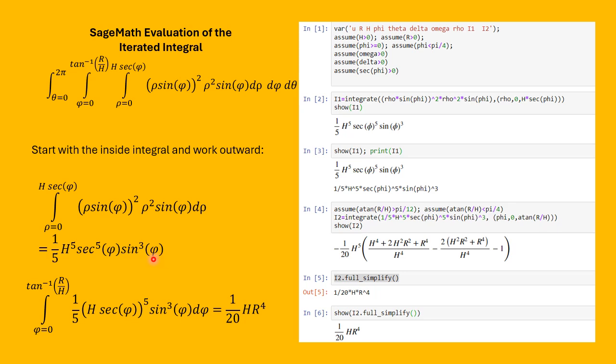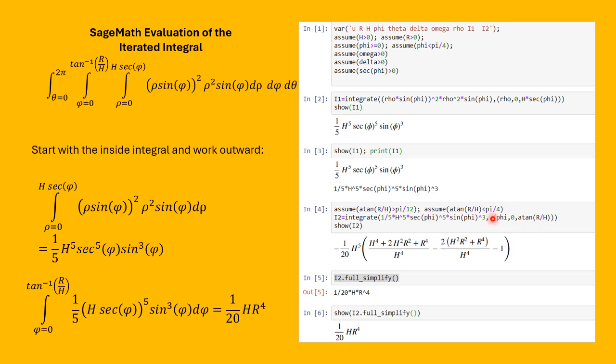Then we need to evaluate the integral where phi goes from 0 to the inverse tangent of r over h of this integral, which is in step 4 here. I2 is basically the integral of 1/5 h to the 5th times secant of phi raised to the 5th power times sine of phi raised to the 3rd power, integrated with respect to phi from 0 to the arctangent of r over h.